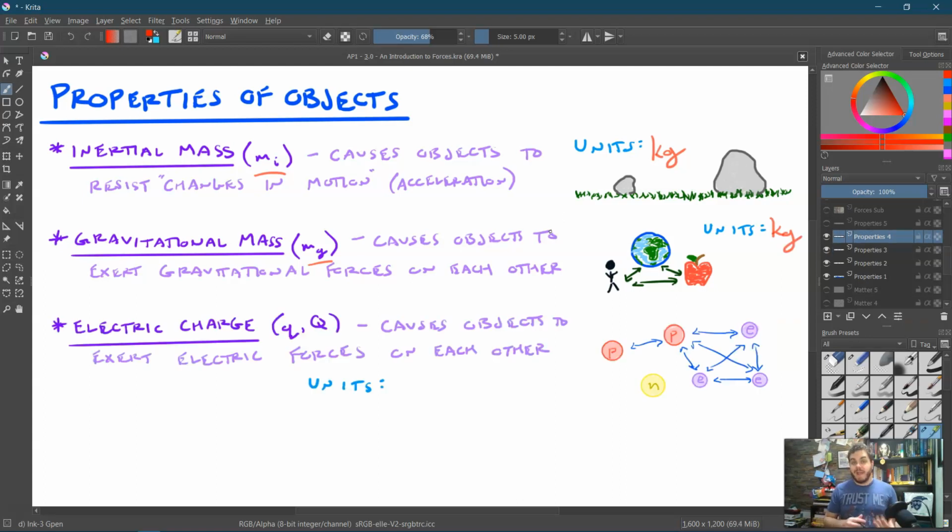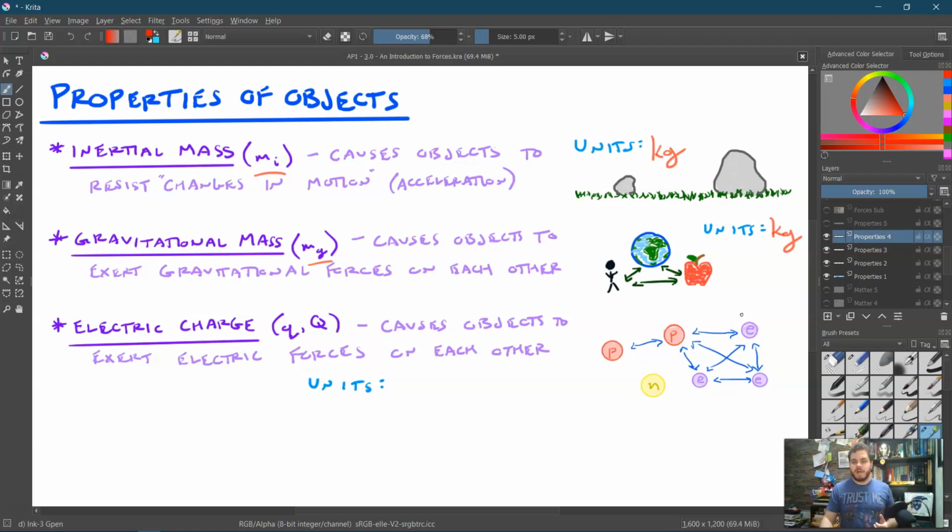Now, another one we're going to have is electric charge, which we abbreviate with either a lowercase q or a capital Q. You see both. And this causes objects to exert electric forces on each other. Now, you probably are most familiar with this from chemistry, like protons and electrons. You could have protons and electrons all exerting electric forces on each other. Now, they're not all the same types of forces. For instance, protons, being positively charged, would repel. Electrons, being negatively charged, would repel.